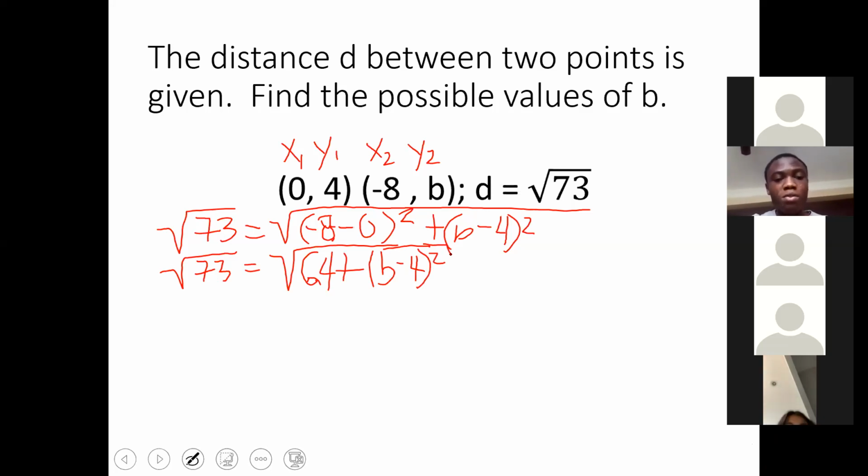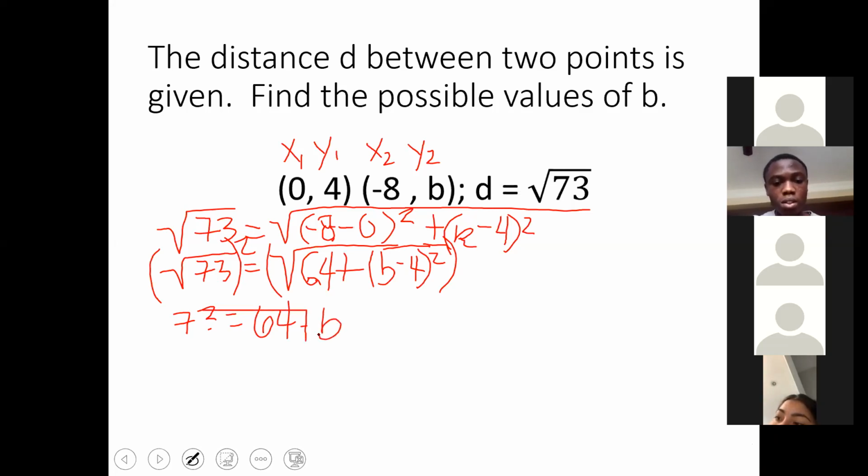We'll just square both sides. That's right. And we rewrite it. The square cancels the square root, so this becomes 73. Then we have the squared for that part. Perfect. Then I think we just subtract 73 first. Well, what I like to do is I go ahead and get this guy and rewrite it.